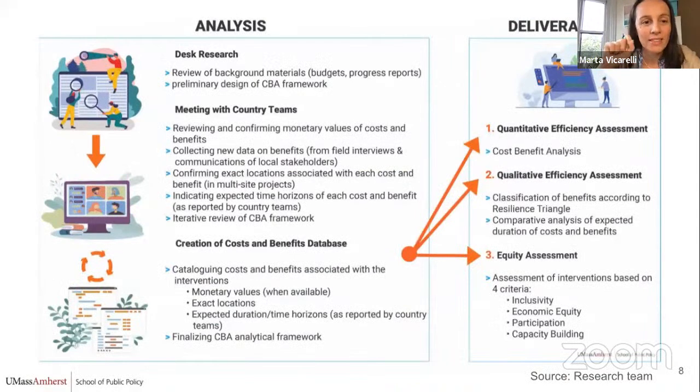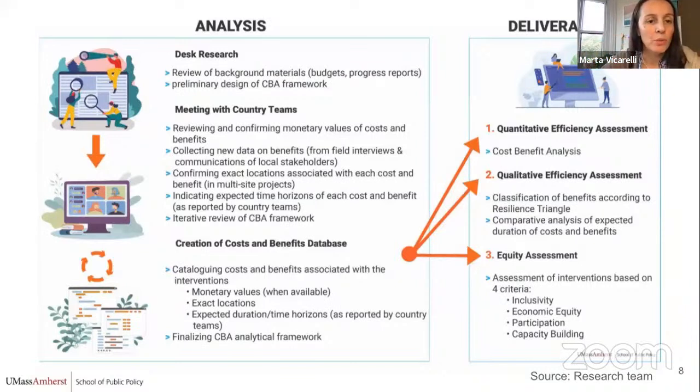I want to insist for a second on the analysis side. So after we collected the data and we managed to create a database of all costs and benefits associated with each intervention, we were able, as you can see on the right-hand side, to create 3 deliverables. A quantitative efficiency assessment, which is the cost benefit itself, but also a qualitative efficiency assessment.